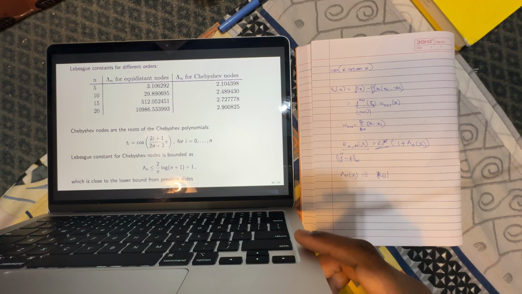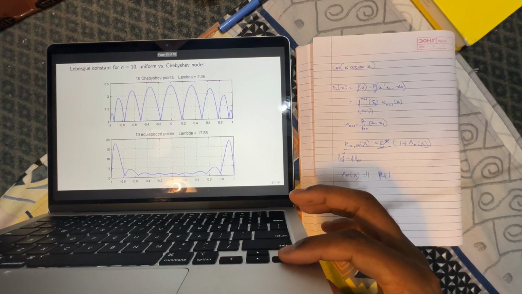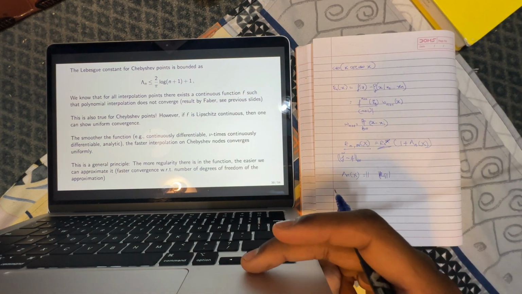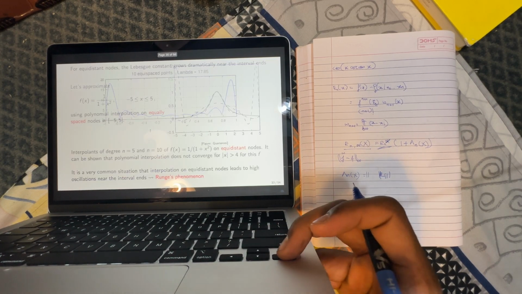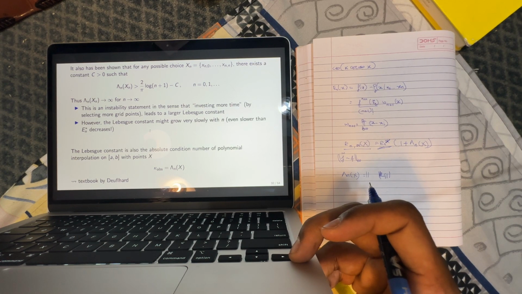Using Chebyshev nodes, we are good. Chebyshev nodes are good. The Lebesgue constant for Chebyshev nodes is bounded below by 2/pi log(n+1) minus c.